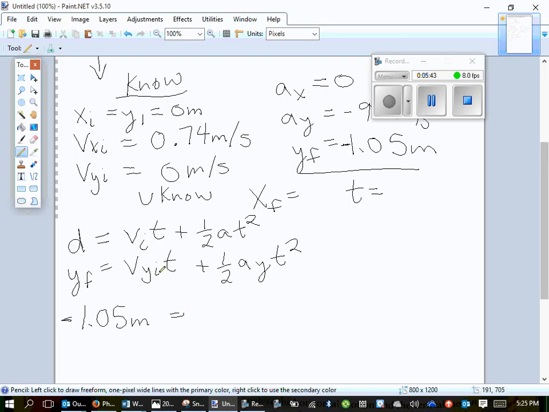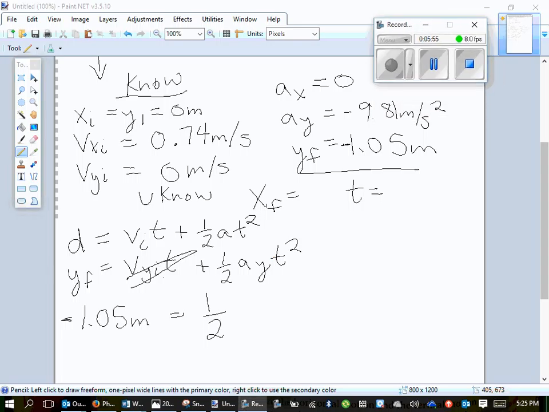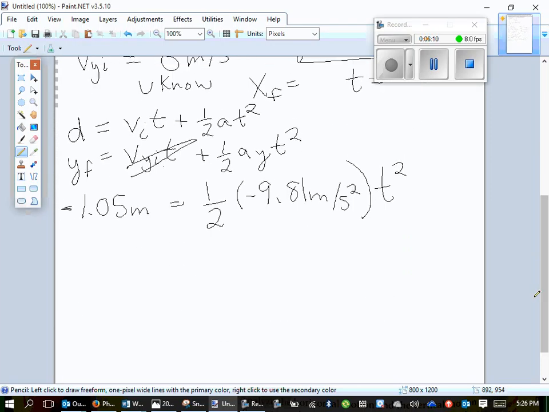My initial velocity was 0. So 0 times anything is just 0. We can get rid of that. We have 1/2 acceleration in the y direction, negative 9.81 meters per second squared, and we don't know what time is, time squared. So we are going to solve for time squared.